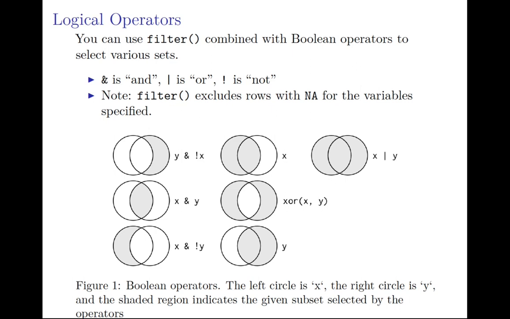And just a quick note that filter excludes rows with NAs for the variable specified, so just so you know. And so I've included this figure from the R for Data Science website and book, and it just demonstrates what all the Boolean operators do, what the different subsets are, so you can see it more visually. And so here the left circle is X, the right circle is Y, and the shaded region indicates the given subset selected by the operators.